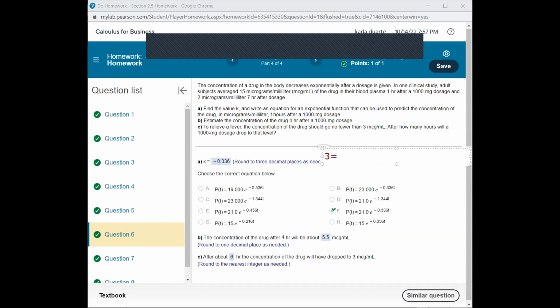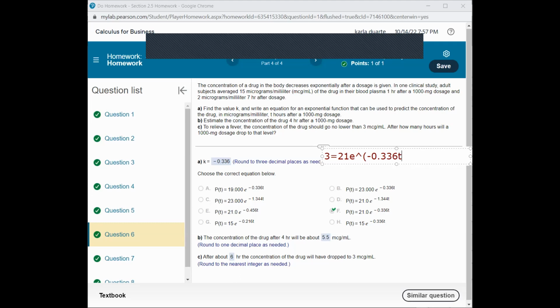I start with 21. Then I go E, and I go to the power. So this is E to the power of negative 0.336. And I'm looking for the T.